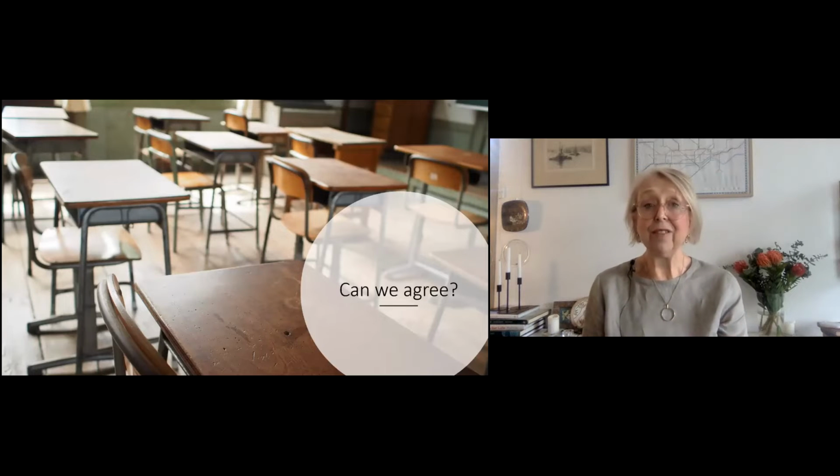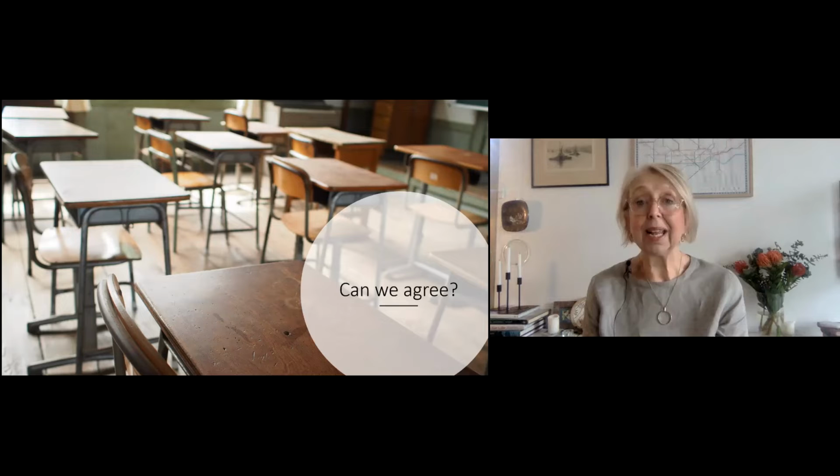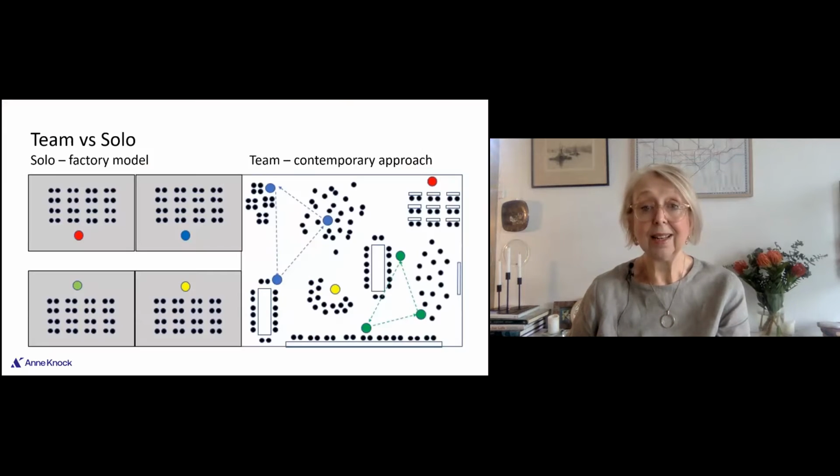So I think we can agree right now, before we move on, that the day of the desks in rows all facing the front to the single focal point is nearing its end. That was something designed for another era. So I'm not talking about a model where we're replicating traditional classroom practices and design.